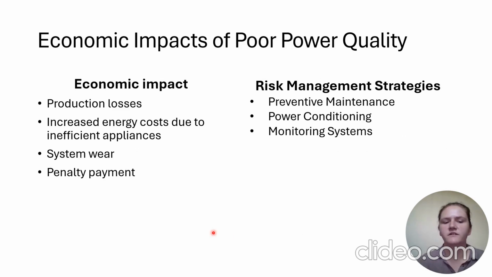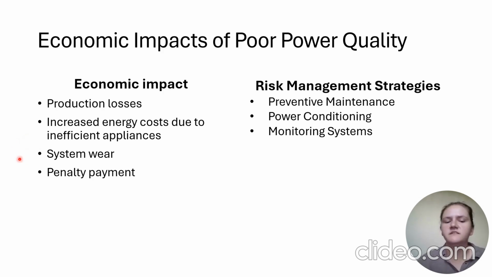Now we're talking about the economics. Because of a voltage sag, the motors cannot start up, so they stand still, and the production will not start. So the production will have losses, and these will also have high costs. Harmonics can raise the energy consumption, which will cause increased energy costs.